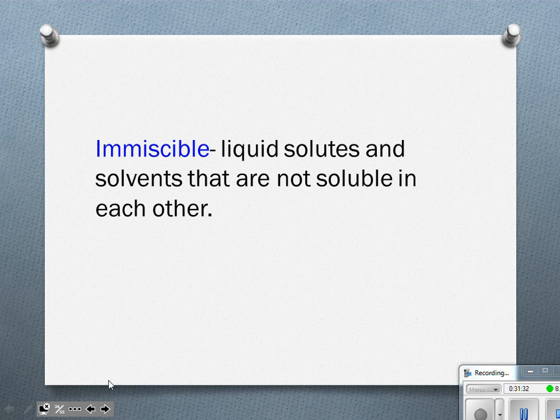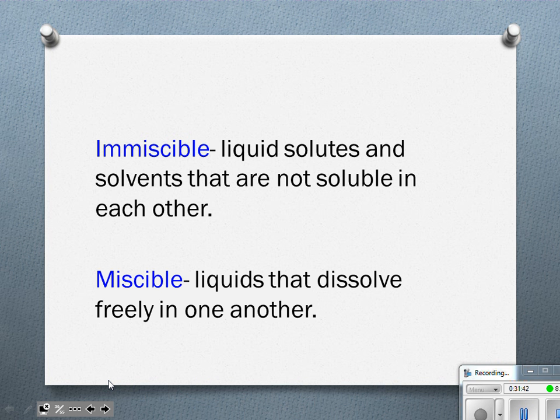I cannot dissolve oil in water, can I? So they are immiscible liquids. However, could I dissolve food coloring in water? Yes, so they are miscible. And miscible liquids are ones that dissolve freely in one another.